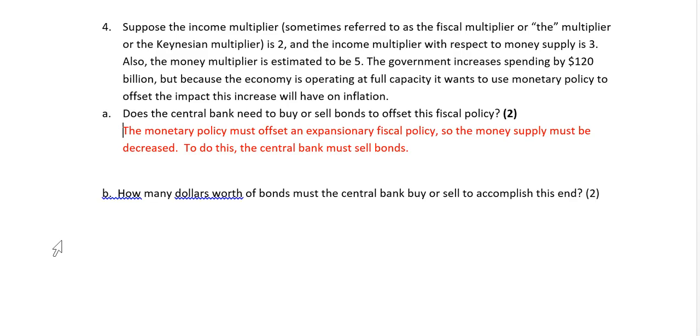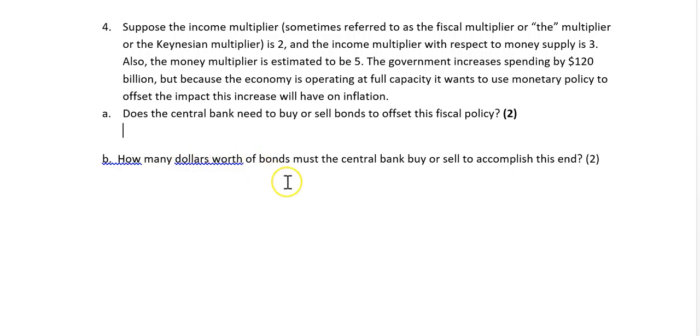By decreasing the money supply, that raises interest rates, which will shift the demand curve to the left. That will offset the rightward shift caused by fiscal policy. Now, how does the Federal Reserve do that? Well, they need to sell bonds. When they sell bonds, they take money out of the banking system. When money leaves the banking system, this causes interest rates to go up and the aggregate demand curve to shift to the left.